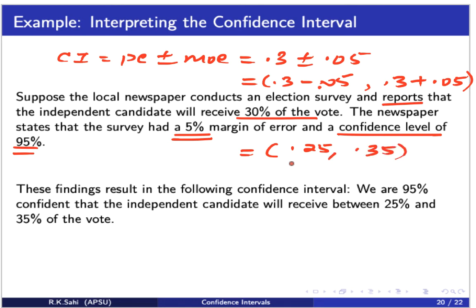Now how do we write it? We say that the confidence level is 95, that we are 95% confident that the independent candidate will receive between 25% and 35% of the vote. Okay, let's do another example.